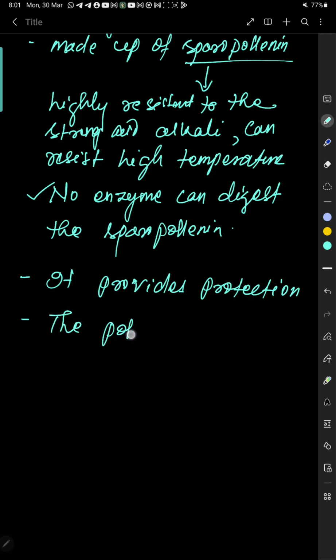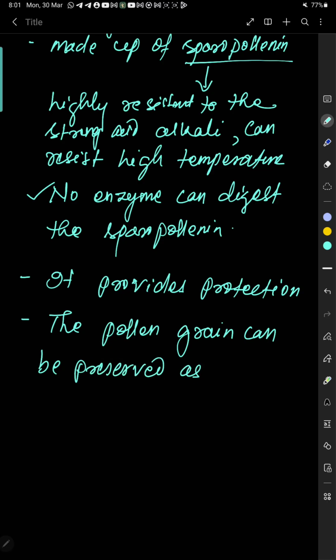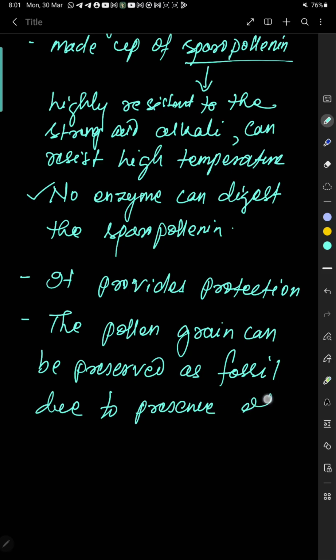The pollen grain can be preserved as fossil due to presence of sporopollenin. Okay, so this is about the exine.